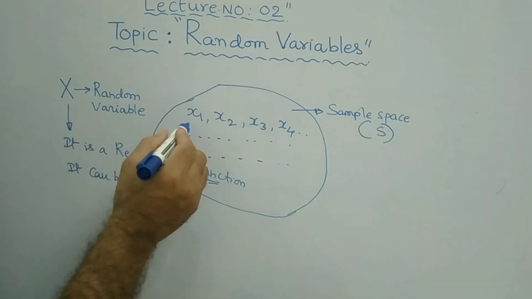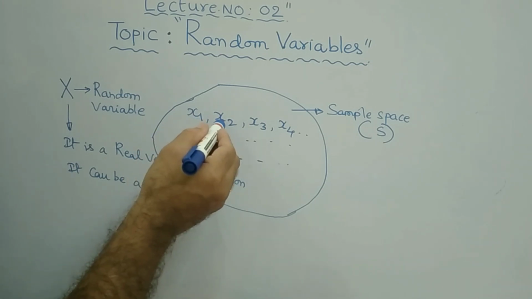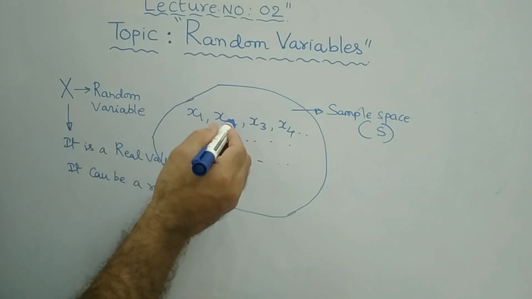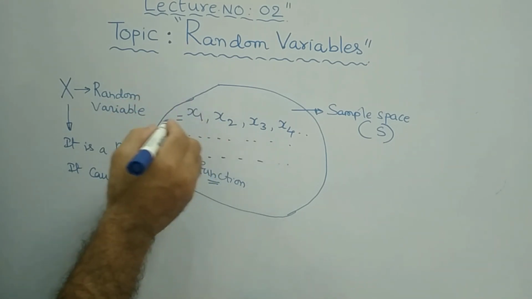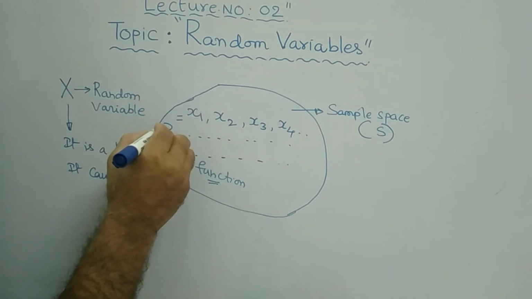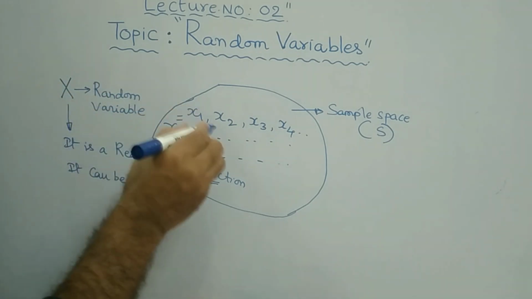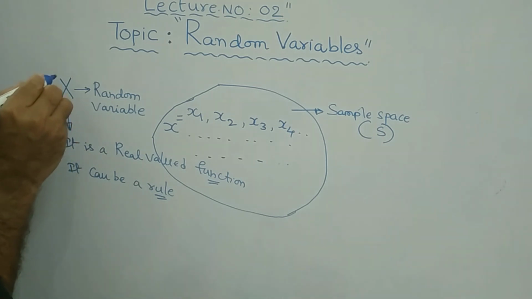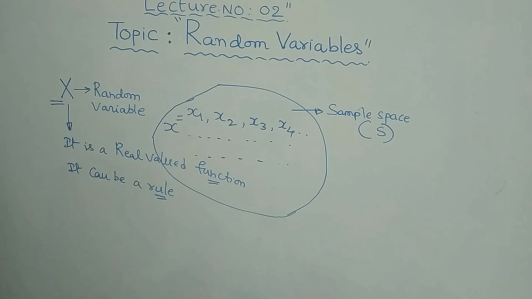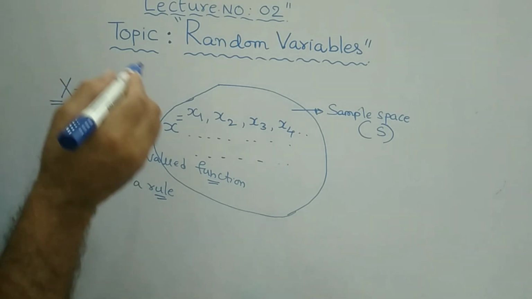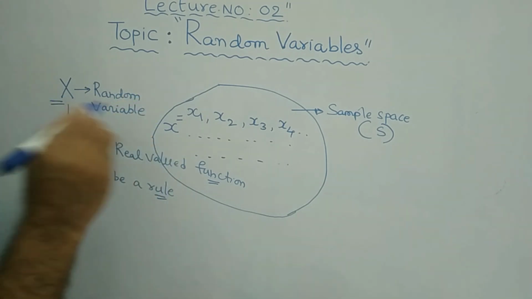Now different outputs are there, like x1, x2, x3, x4, all associated with one particular variable or number, which I am calling some x. So the random variable which I am defining is denoted by capital X, and its possible outcome values are represented by small case letter x.